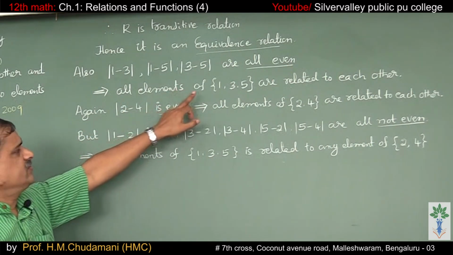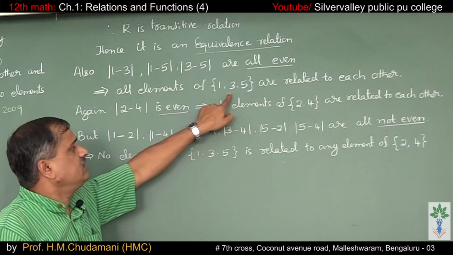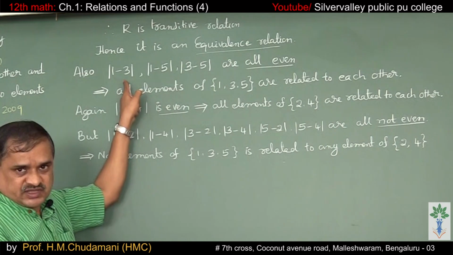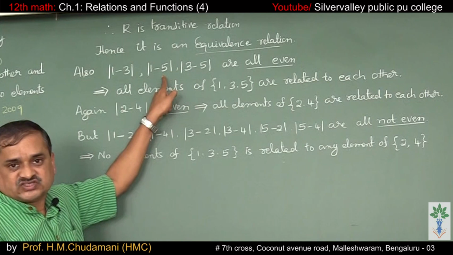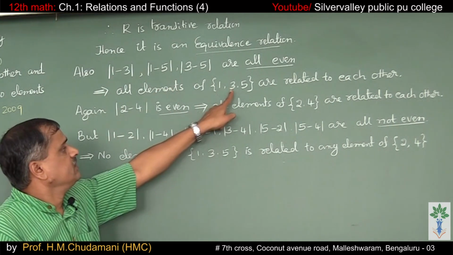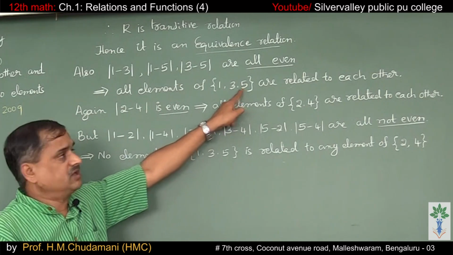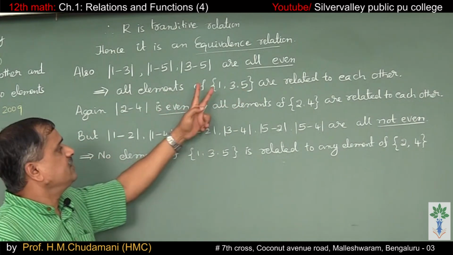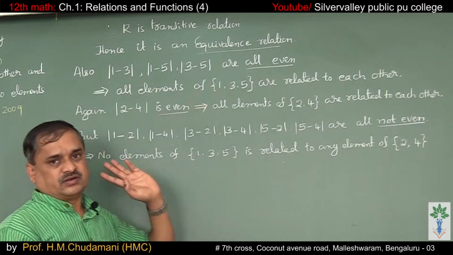Also, the given set is {1, 3, 5}. a minus b means 1 minus 3, minus 2, which is an even number; 1 minus 5, minus 4, which is an even number. Then 3 minus 5, minus 2, is again an even number. Therefore, all the elements of the set {1, 3, 5} are related to each other.